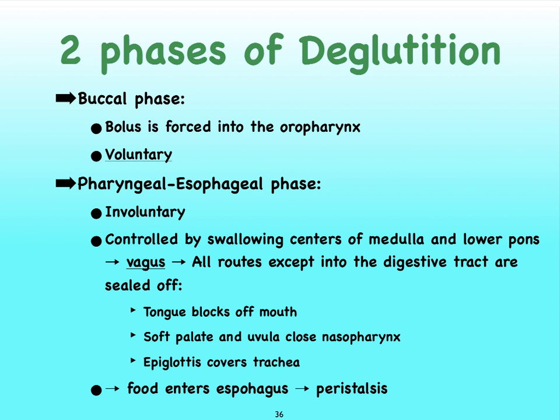Now, what needs to happen in order for the food to make it down all the way into the esophagus is, of course, for the food to not go up into the nasopharynx. So we're going to see that the soft palate, along with that little flap we call the uvula, needs to close off the nasopharynx.